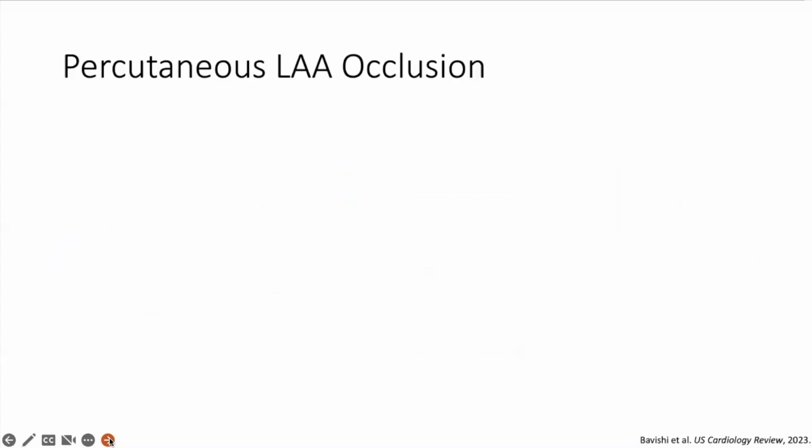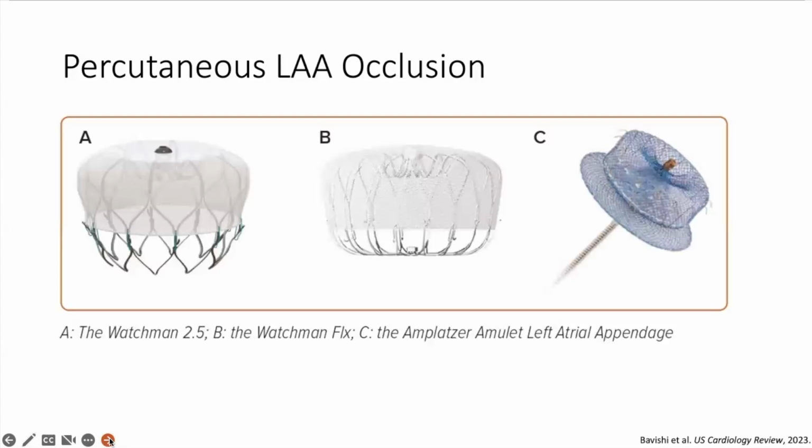And then percutaneous left atrial appendage occlusion is kind of the main focus of today. This is the procedure that very much relies on echocardiography. And these are a couple of the different devices that are used here in Canada. So on the left, A and B are the Watchman devices.